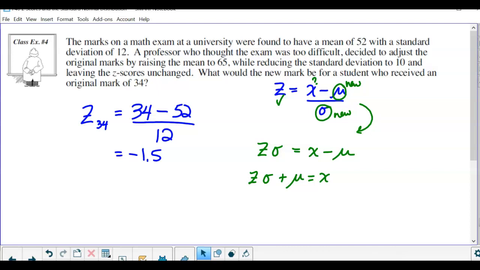I'll call this X. Mu is going to be the mean, which is 65, plus negative 1.5 times the new standard deviation, which is 12. And voila, the student passed.